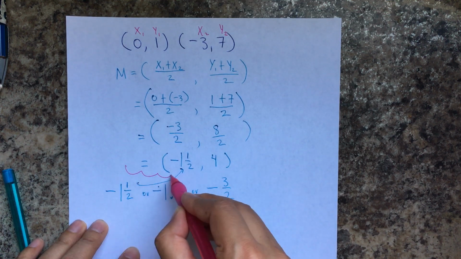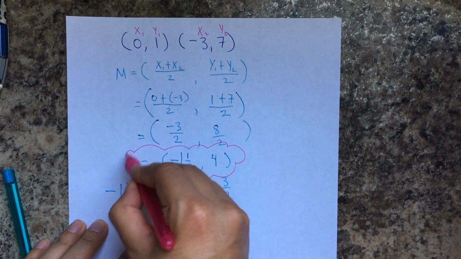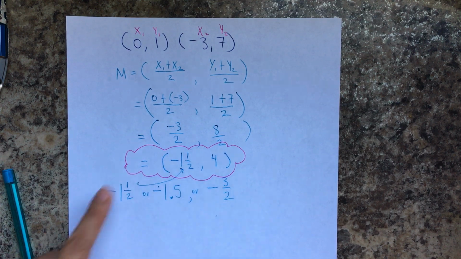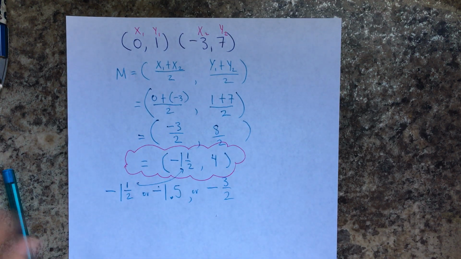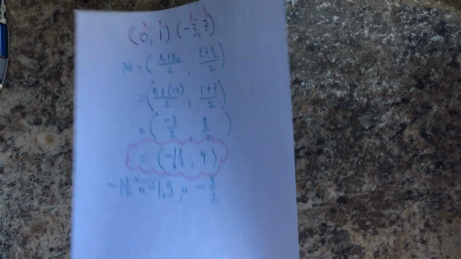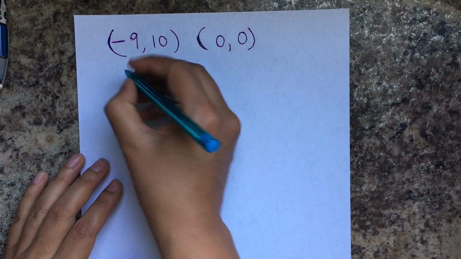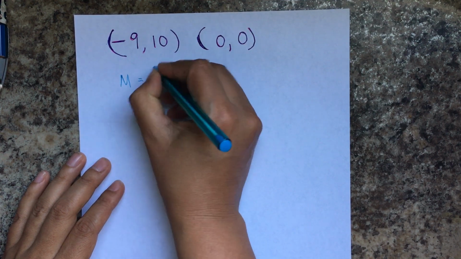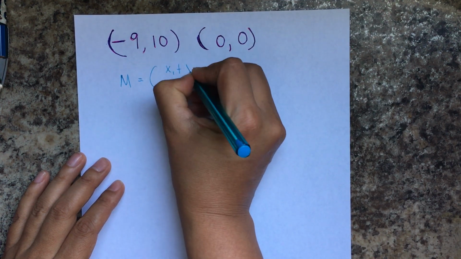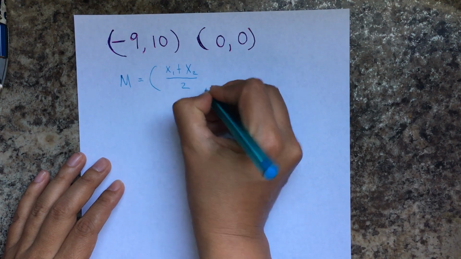Again, you don't have to graph it. In fact, I'm not gonna graph it for the example either. That's all you have to do, find the midpoint. Okay, pause it if you need to take note. Now let's do another one. So again, the midpoint formula is x1 plus x2 divided by 2.